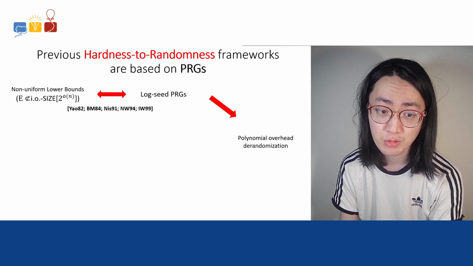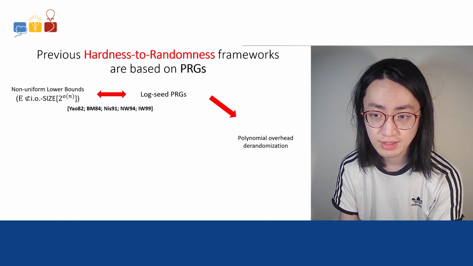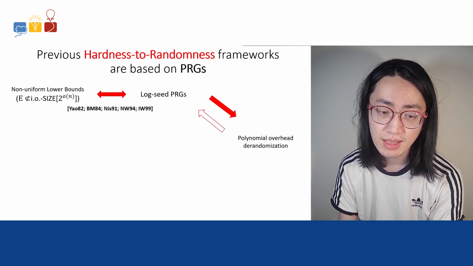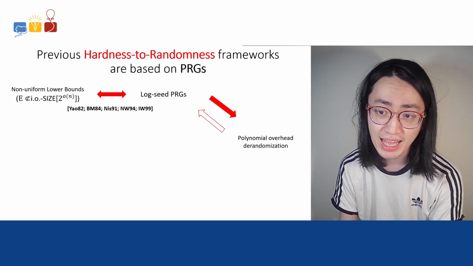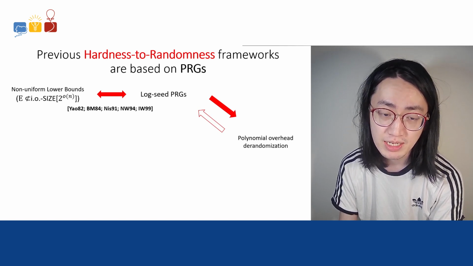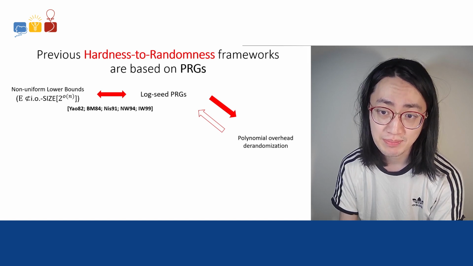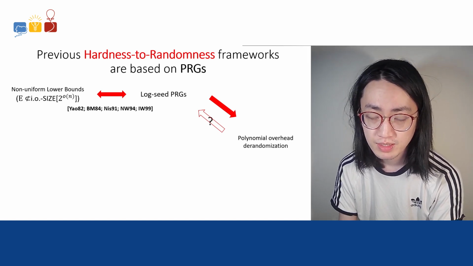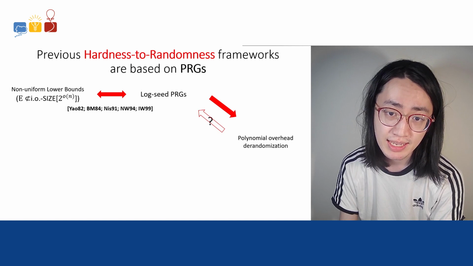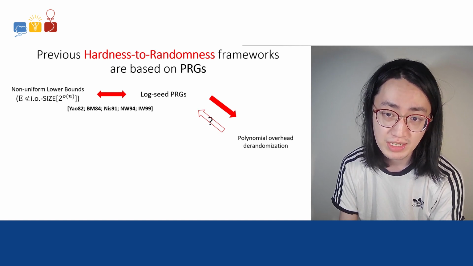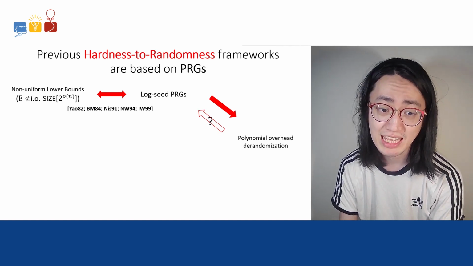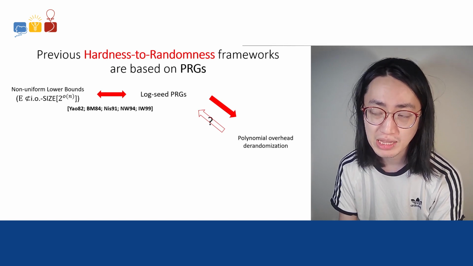So that's the classical result. But the point is that it's unclear whether polynomial overhead derandomization implies log n seed PRGs as well. So maybe the assumptions here on non-uniform lower bounds are too strong because it does not seem to be equivalent to derandomization.